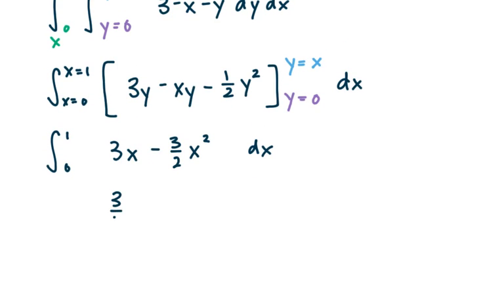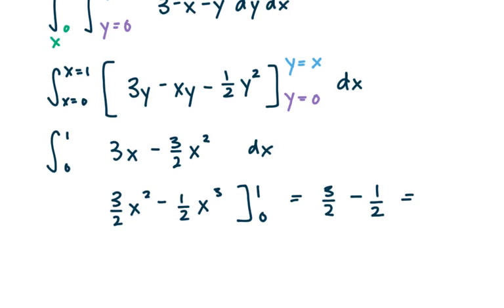That gives me 3/2 x squared minus 1/2 x cubed from 0 to 1. Plugging in zeros, again, going to eliminate both of those. So here I just need to plug in 1, which gives me 3/2 minus 1/2, or 2/2, which is 1. So the solution to the volume in this problem is 1.